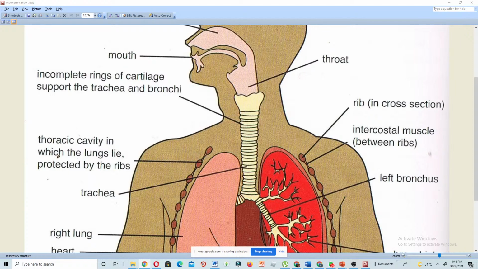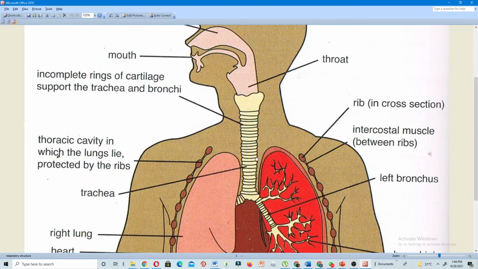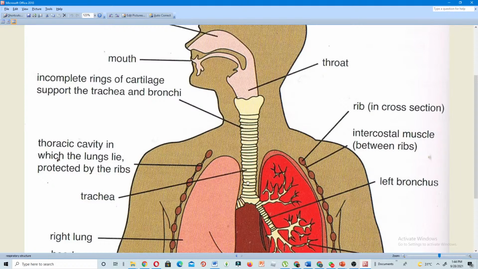Right, so this is an image of the respiratory system. This section here represents the trachea, also known as the windpipe. At the top section of the trachea is where the epiglottis is located.